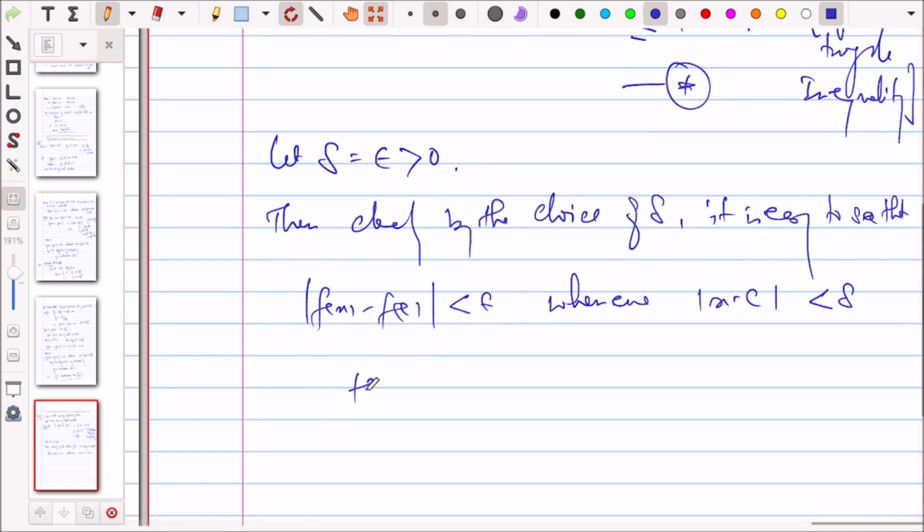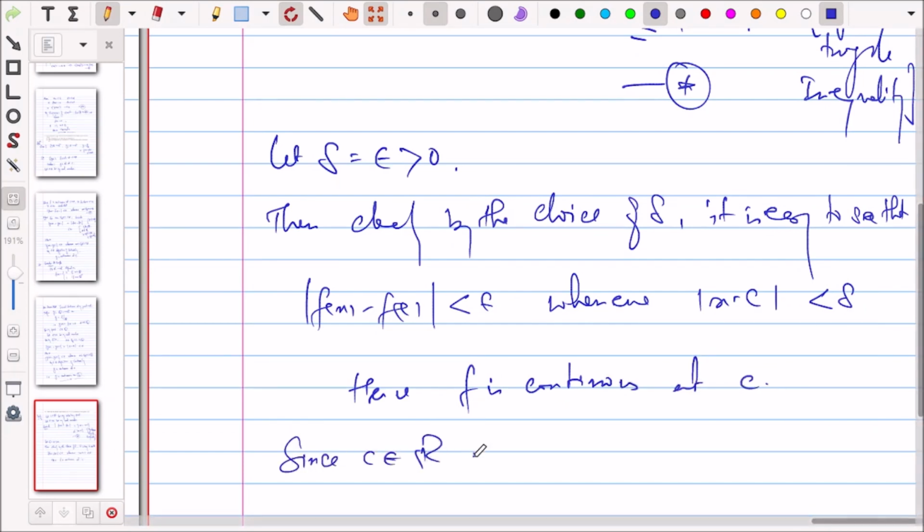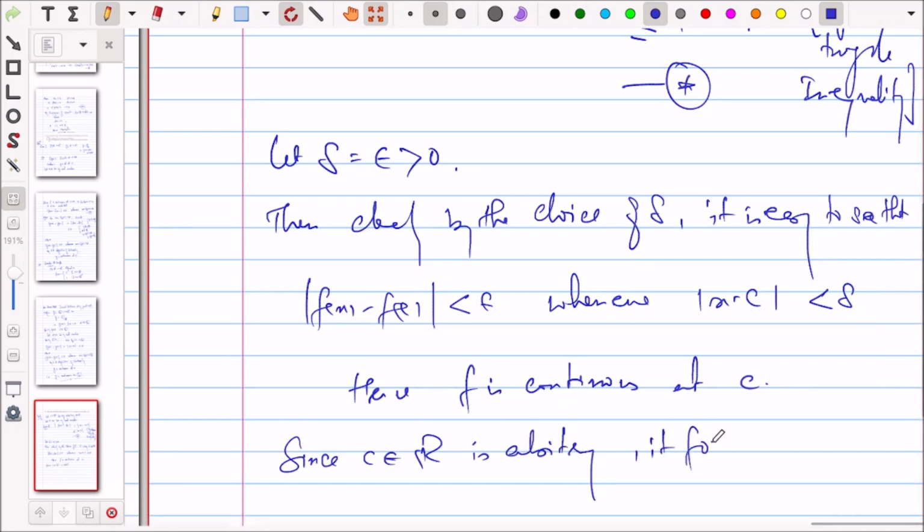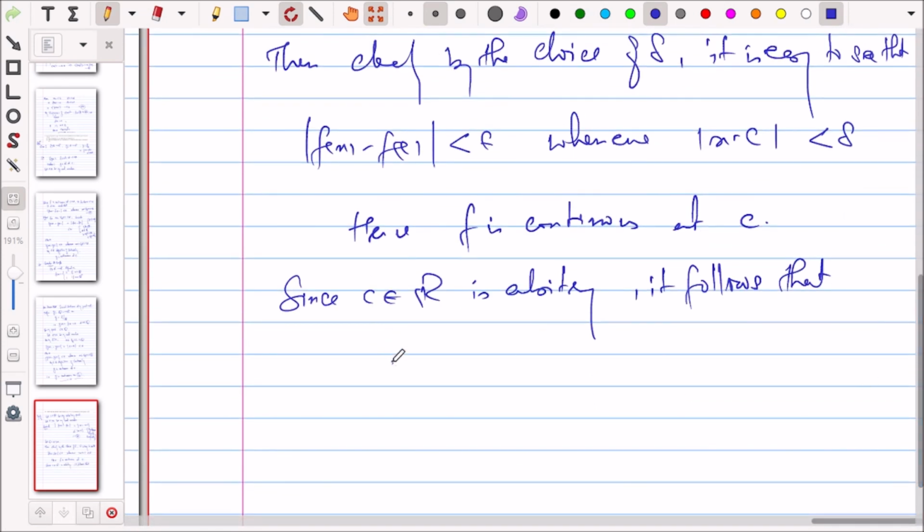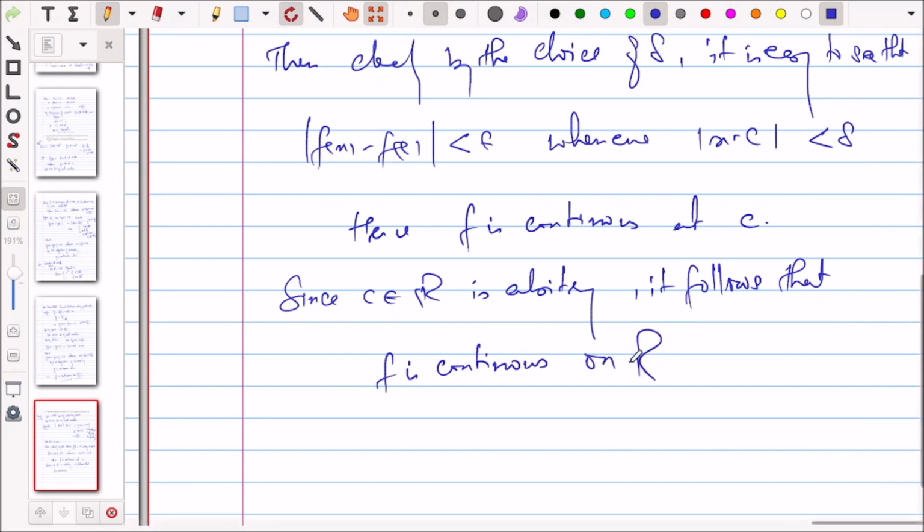Hence f is continuous at C. Since C belonging to R is arbitrary, it follows that f is continuous on R. This is how you can prove it. These are all easy questions. Now let us take the next question, which is again an easy question.